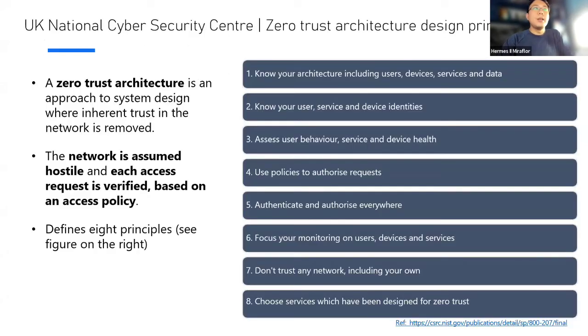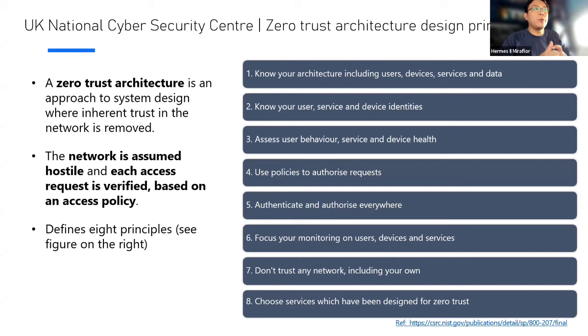Okay. Then last would be the UK National Cyber Security Center. This one applies for the UK government. They also have come up with the zero trust architecture design principles, which is quite the same as all of those principles out there. But basically what they're saying is that in your zero trust implementation, you should include users, devices, applications, and data. You should be able to know your users and devices.